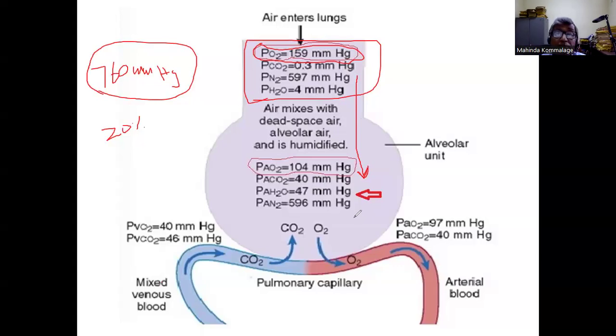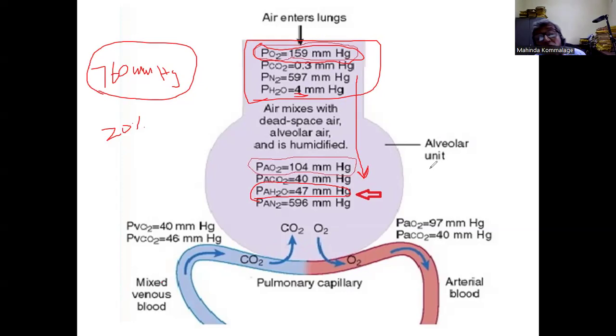Any other reason? Add more water. Yes, exactly. On the way from the nose to the alveoli, we add water because it's a watery medium. Water vapor will be added, and you can see the composition of water increase. Here the partial pressure of water is 47, while outside it's very low, depending on humidity.